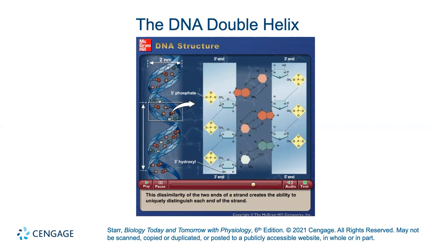This dissimilarity of the two ends of a strand creates the ability to uniquely distinguish each end of the strand. Because of this polarity of each strand, we can see that the two strands of DNA are oriented in opposite directions, or we say that they are antiparallel.